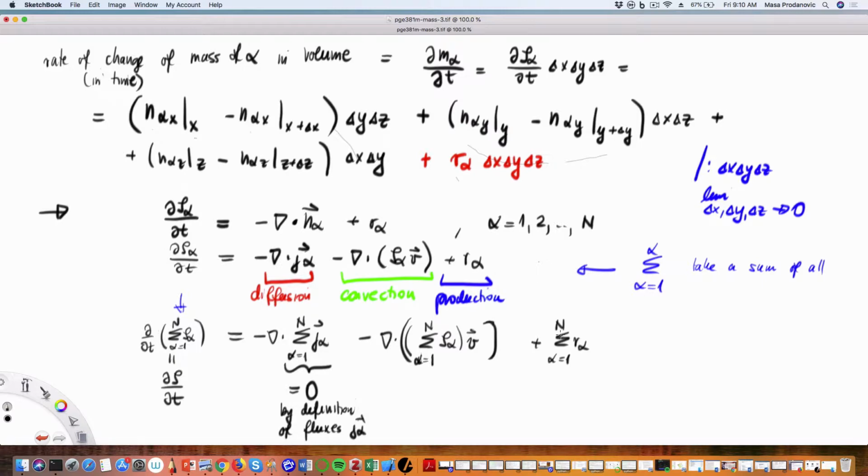Good news is I haven't written A a single time. By the time I get to training on alpha, we're going to switch back to A. So this here is rho, and this here is the sum of all of the production terms.